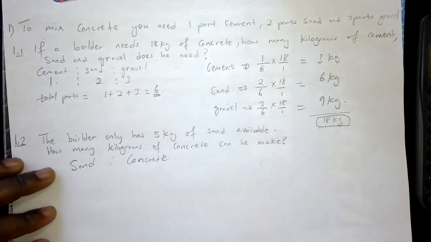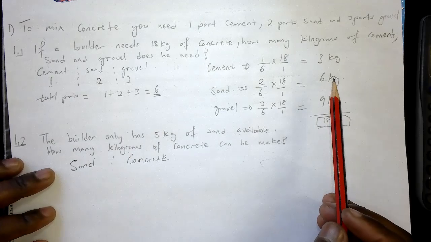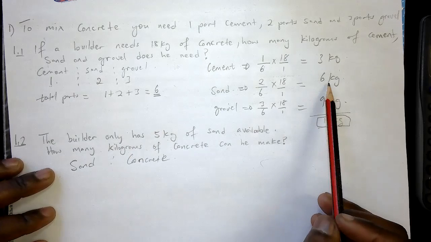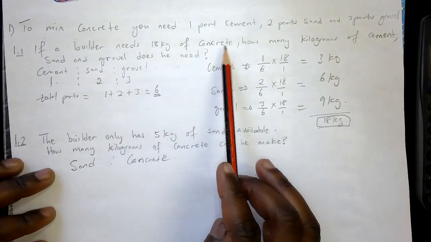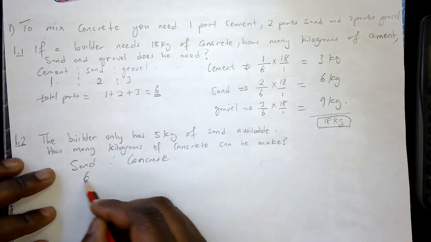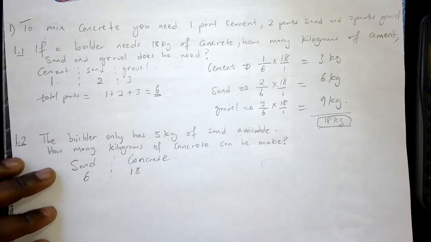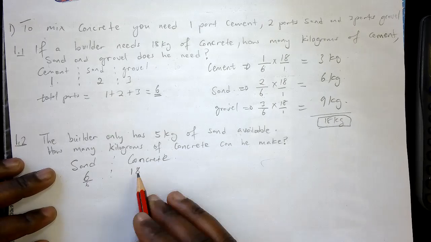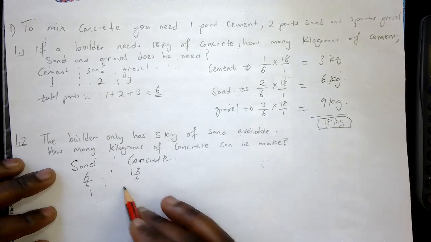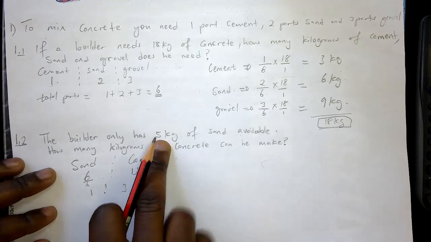From the previous part, sand is 6 as to 18, because we need concrete of 18. If we reduce this by dividing by 6, it's going to be 1 as to 3.